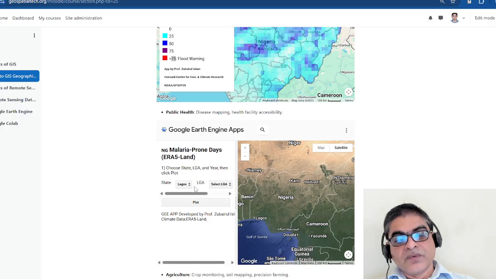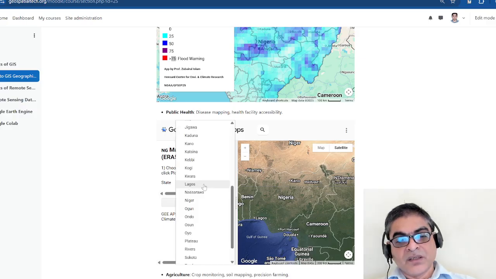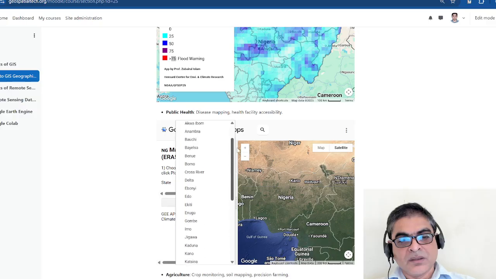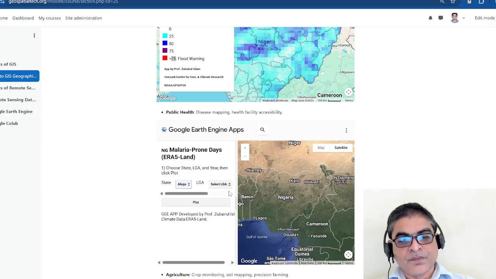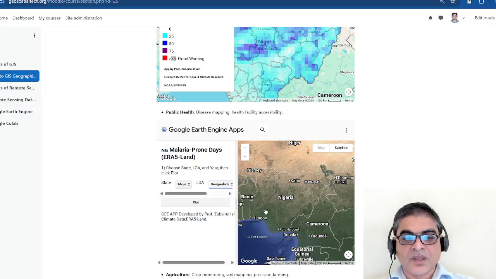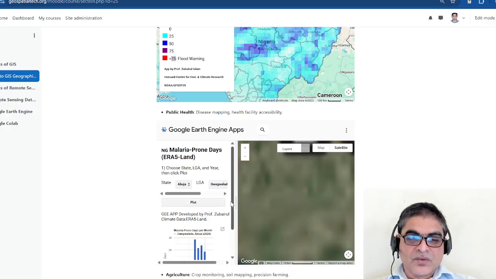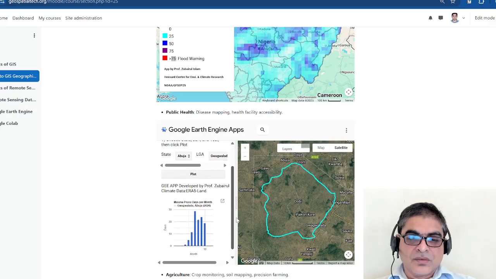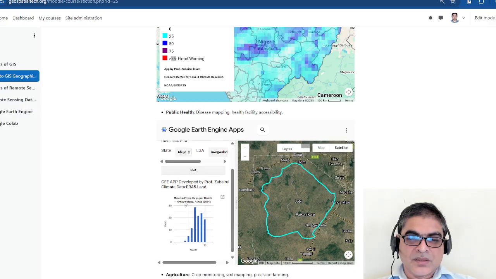We can choose the state here, like Lagos, or let's see, Abuja, and we select one LGA, let's say Gogalada, and then I press the plot button.